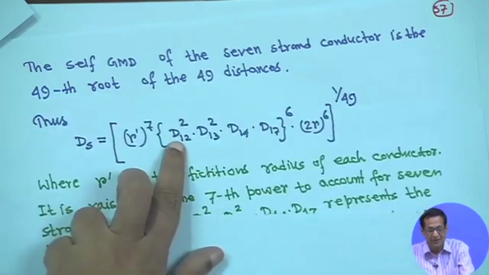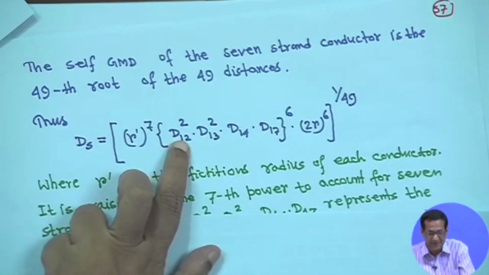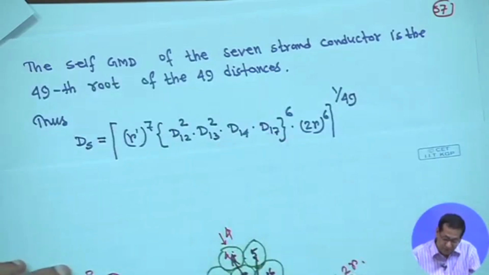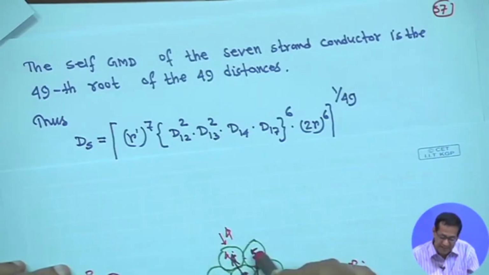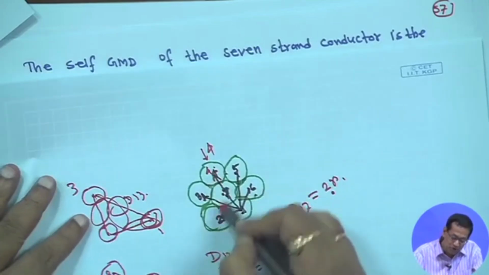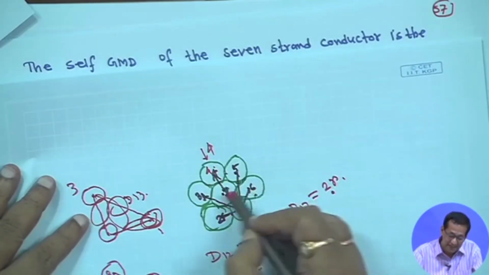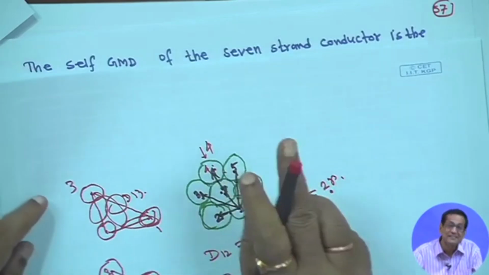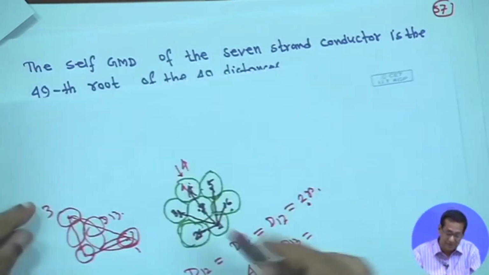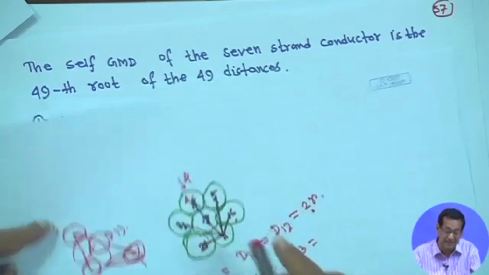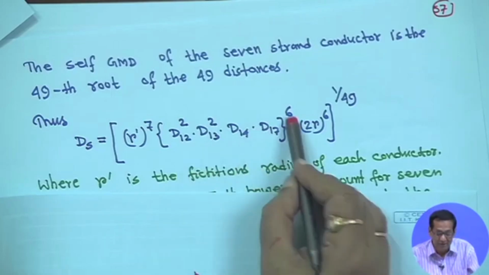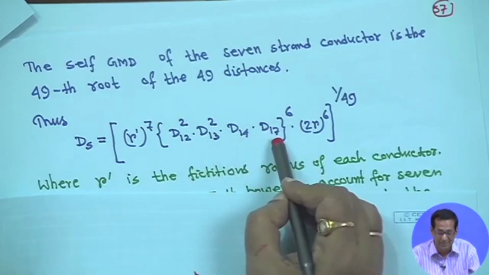Simply we have written that they all are the same. So d12 square. Similarly, if you consider 1 to 3, then d13 square comes, because 1 to 3 and 1 to 5 are the same distance. If you take 2 to 4 and 2 to 6, the same distance, right. If you take 3 to 5 and 3 to 1, the same distance. This way twice it is coming and 6 times, because the surrounding conductors are 6, that is why d13 square again to the power 6. All are coming 6 times.